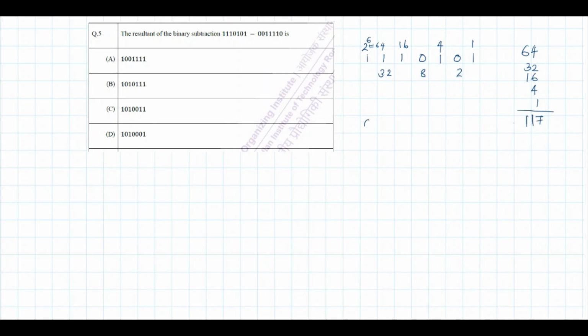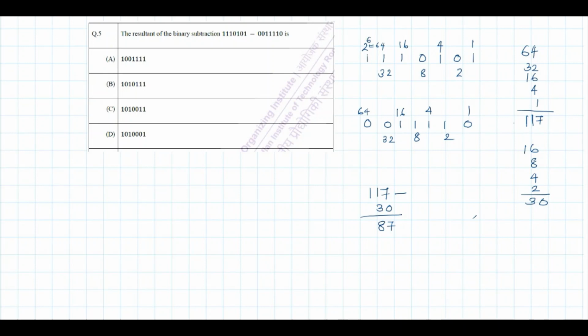Again, the next number, 001110. The weights are 64, 32, 16, 8, 4, 2, 1, and the non-zero positions are 16, 8, 4, 2. It is 30. So subtracting, 117 minus 30, the answer is 87.